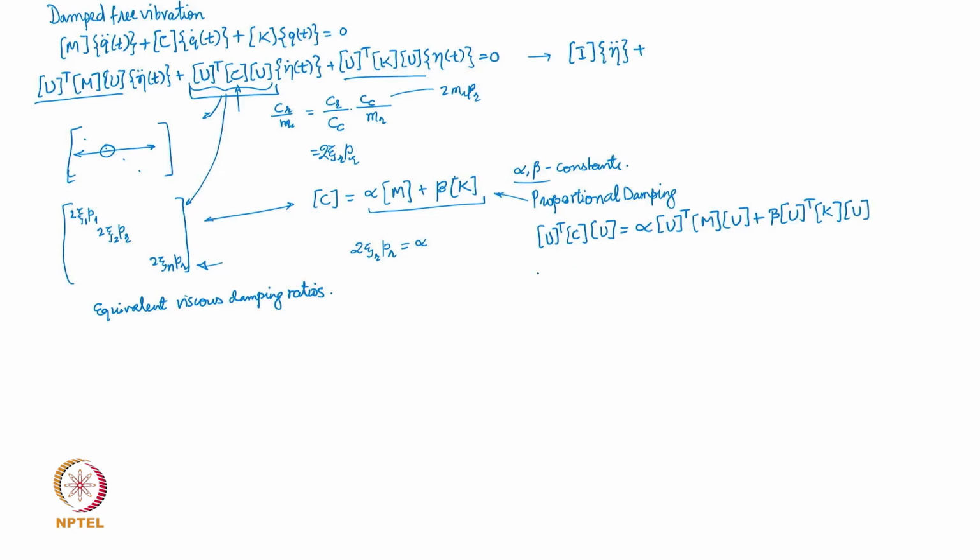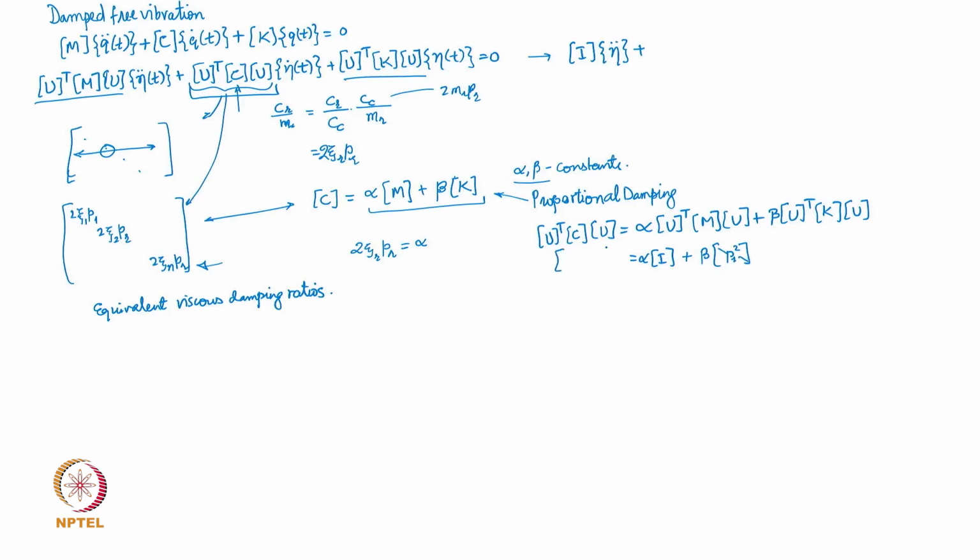Now, as we know, the first product is going to generate an identity matrix, and this one is going to be beta into the spectral matrix, where all the diagonal elements are the squared natural frequencies.